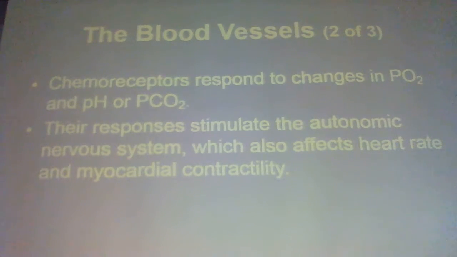So your cerebral spinal fluid senses a change in pH. It's typically caused by a change in CO2, because we know CO2 equals acid in the body, right? And so what happens? Our pH starts to drop because our CO2 goes up.